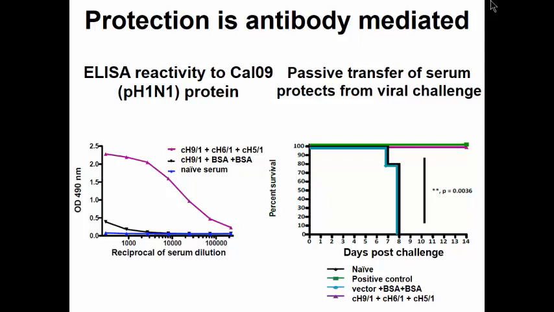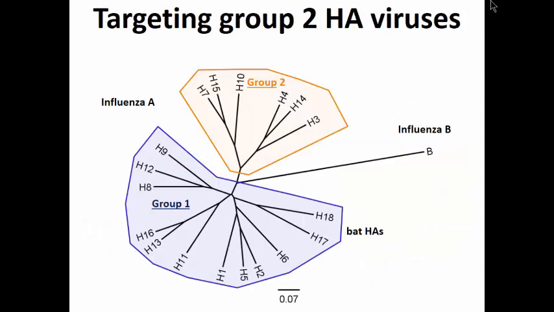We have also data in terms of group 2, so those are these hemagglutinins up here, and again, it's the same procedure: we use a group 2 stalk and put different hemagglutinin heads onto it.